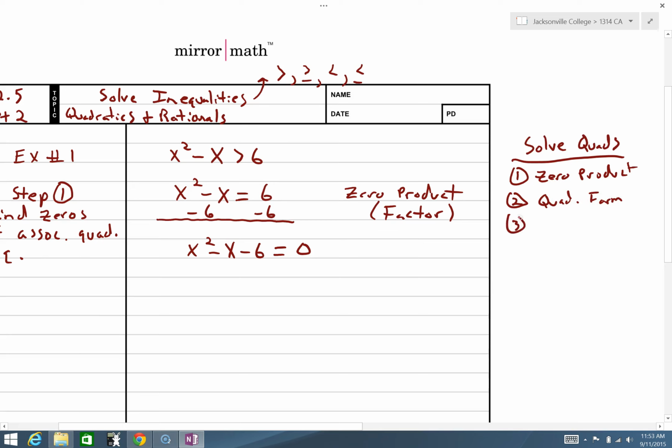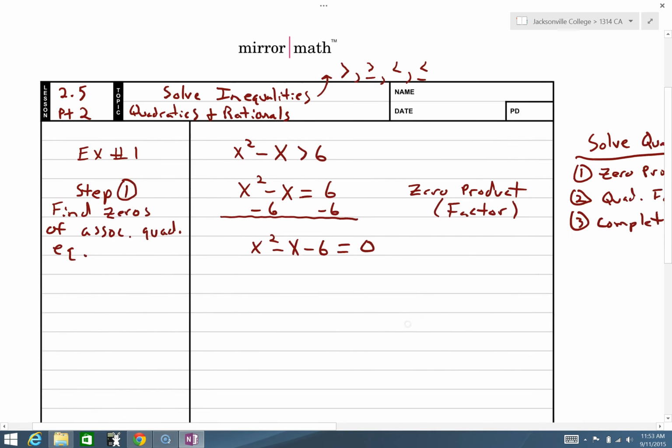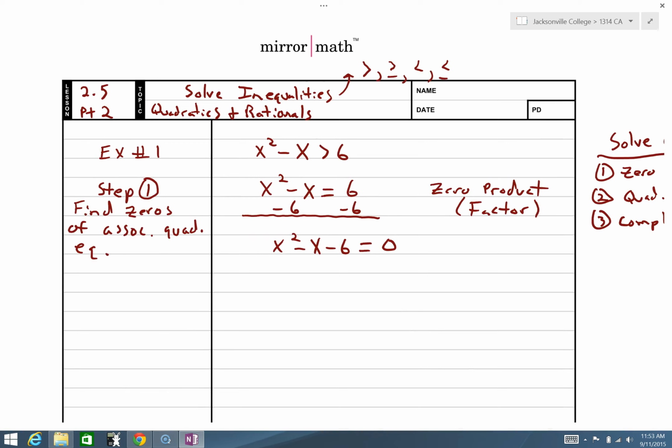One method we learned was completing the square. So you can use any of these methods to find the zeros of this associated function, the solutions of it. So I have x squared minus x minus 6 is equal to 0.